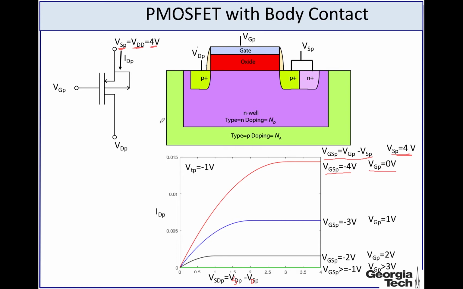It means that if we have a P-type MOSFET where the source is at 4 volts, then this device will conduct a certain amount of current when VGP equals 0 volts, and as we now increase VGP to say 1 volt, the saturation current will decrease, and if we increase the gate voltage to 2 volts, then the current will further decrease, and when VGP is larger than or equal to 3 volts, the device will be off.